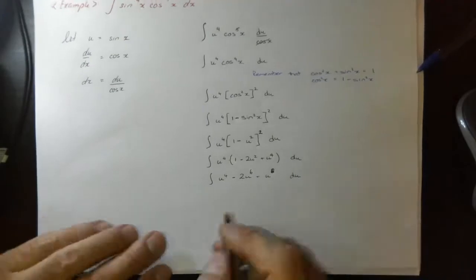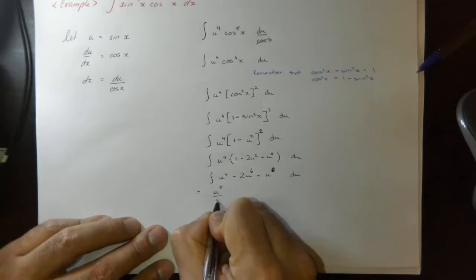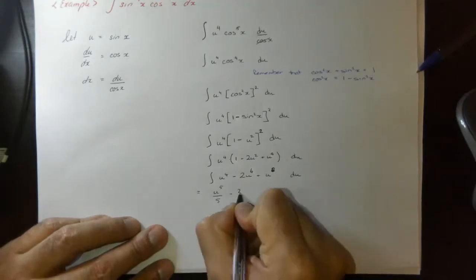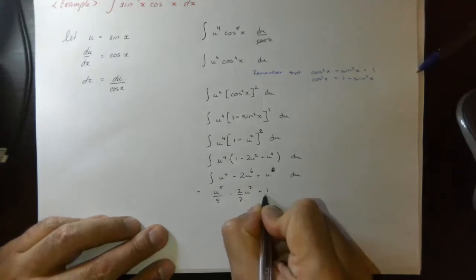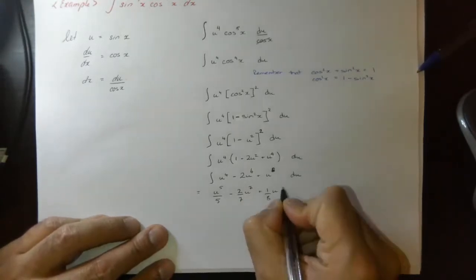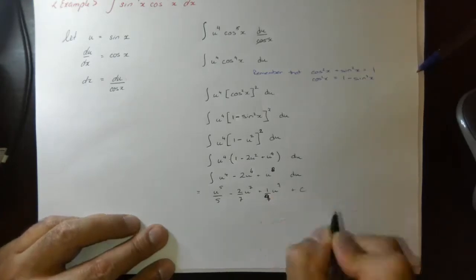Well, simply from here we just will integrate. So that's u5 divided by 5, minus 2 over 7 u7 plus 1 over 9 u9 plus c.